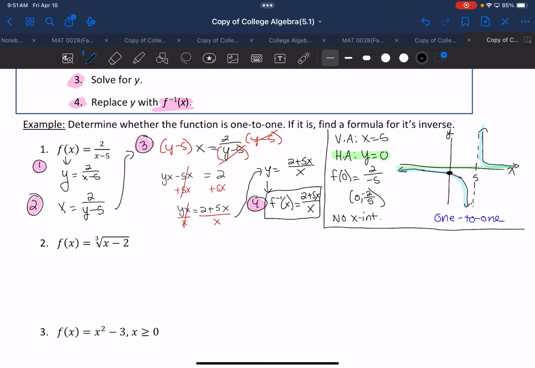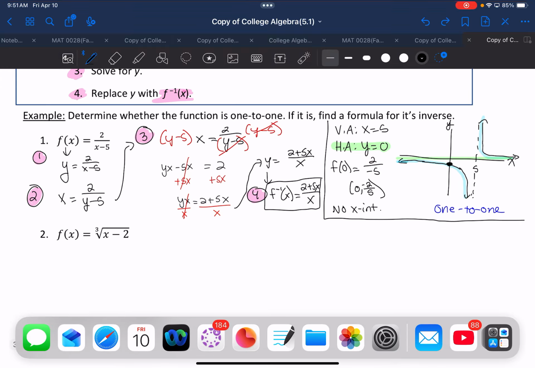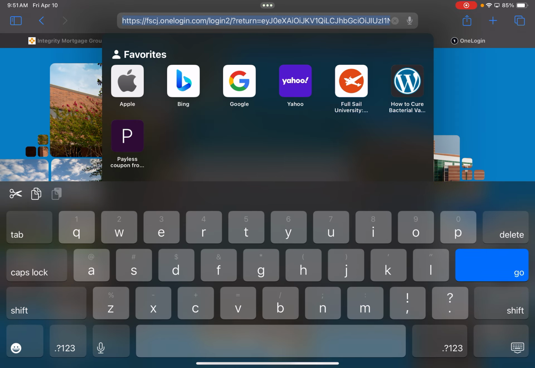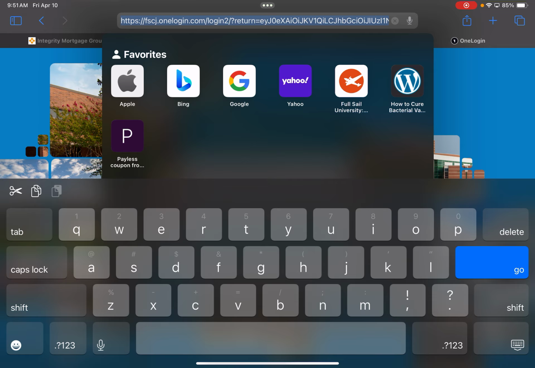All right, good. Okay, number 2 is f of x equals the cubed root of x minus 2. So let me see here.